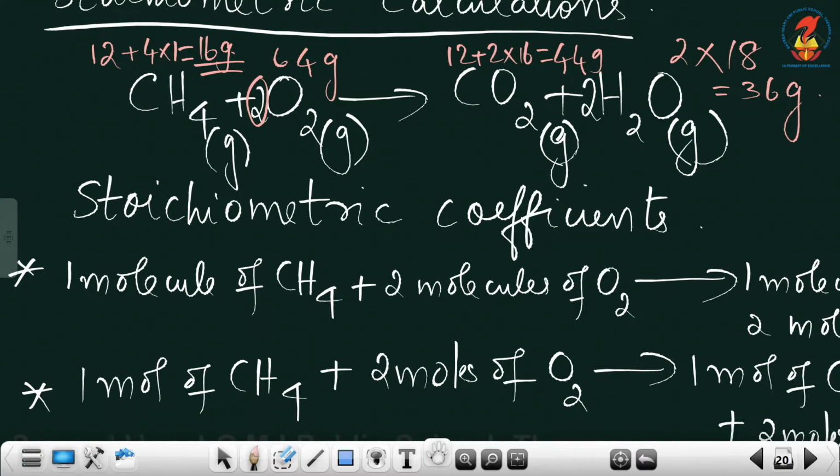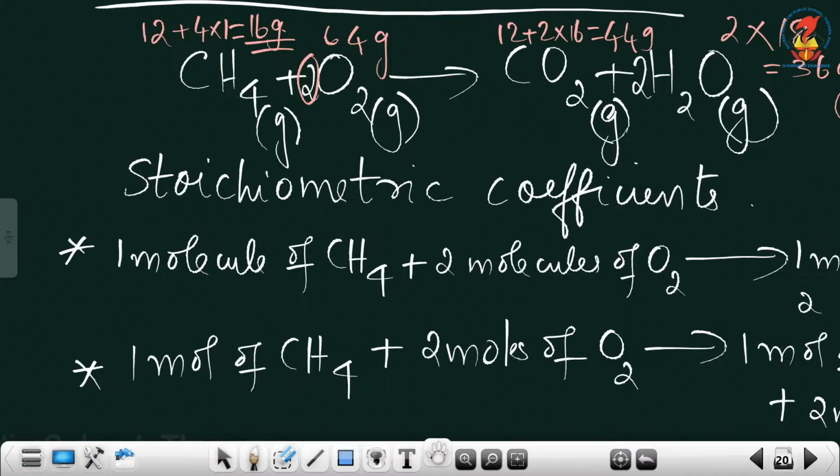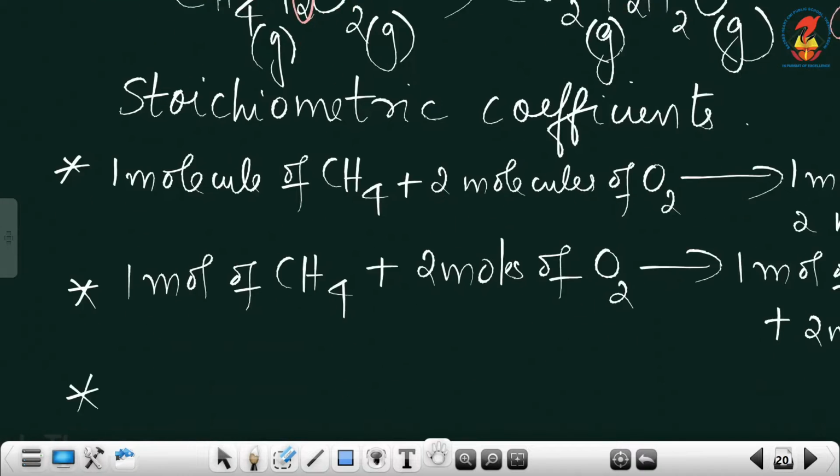So in terms of mass, I can write, methane molecular mass is 16 gram.